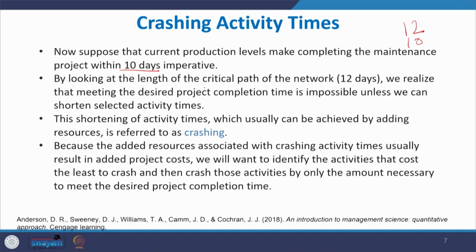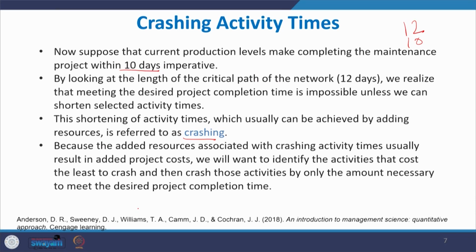By looking at the length of the critical path of the network, 12 days, we realize that meeting the desired project completion time is impossible unless we can shorten selected activity times. The only possibility to reduce the project duration to 10 days is that for some of the activities we have to compress the time. This shortening of activity times, which usually can be achieved by adding additional resources, is referred to as crashing.